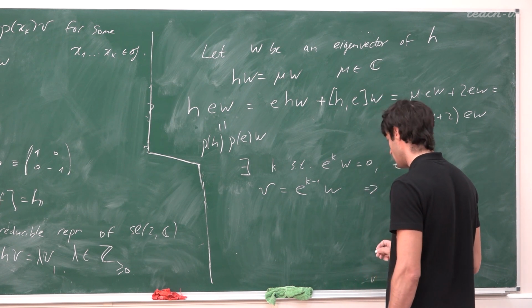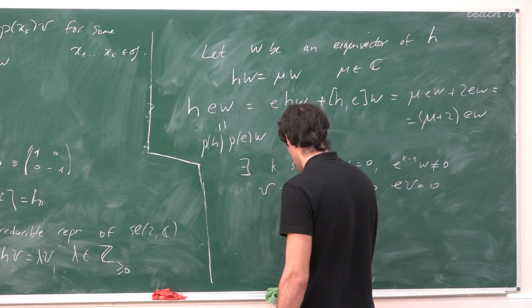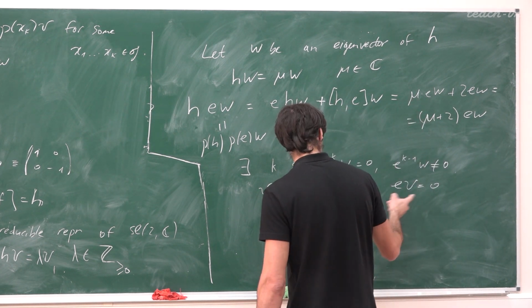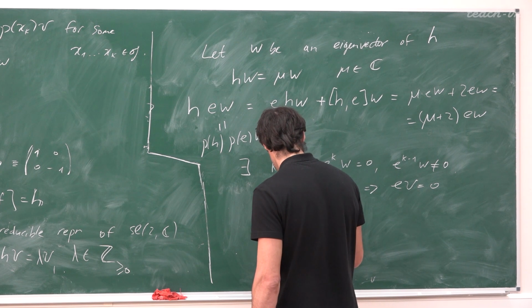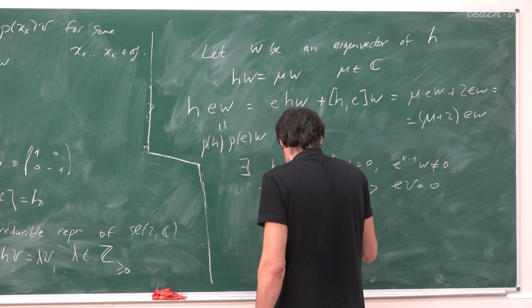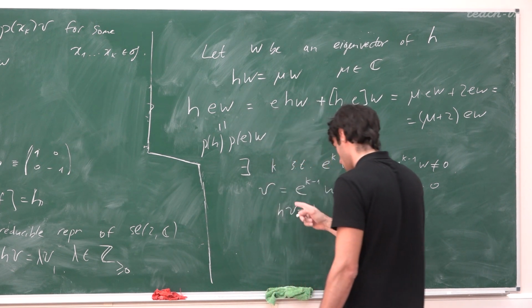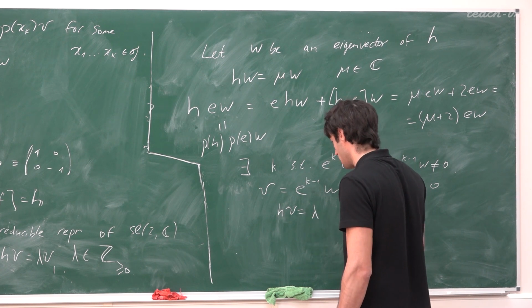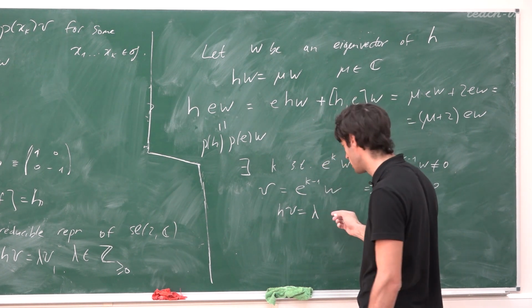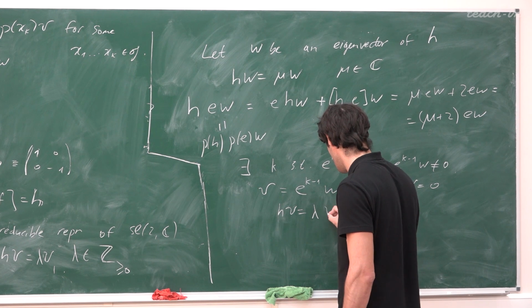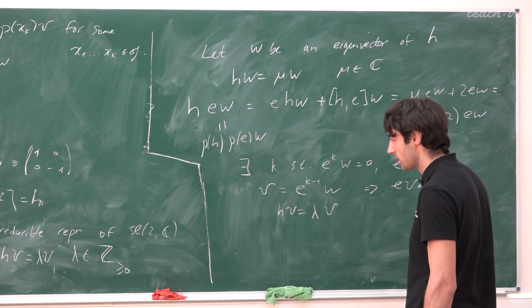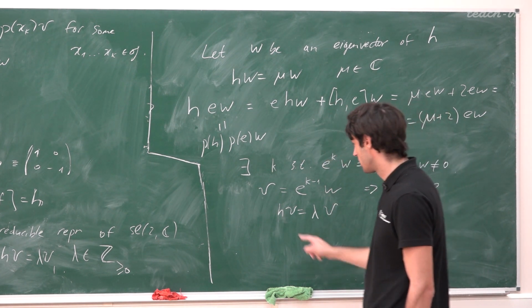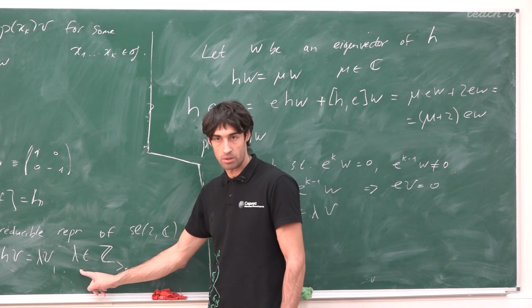It is an eigenvector of H. So HV is some lambda, which is mu plus 2k, but we don't care at this point. So there is some lambda. The only thing that is left to prove is that this lambda is actually a non-negative integer.